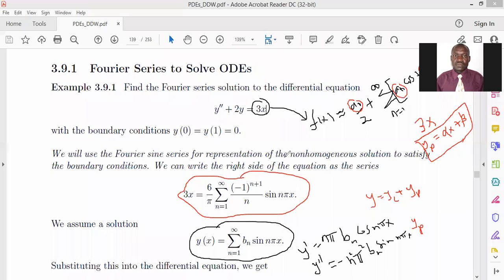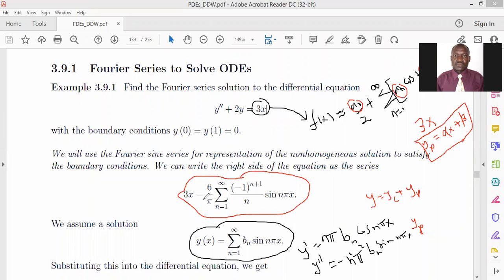I don't know what is confusing you. If you want to verify that this equation is indeed y prime prime plus 2y is equal to 3x, it means you're going to get a certain y that you'll substitute in here, simplify it, until it gives you 3x.